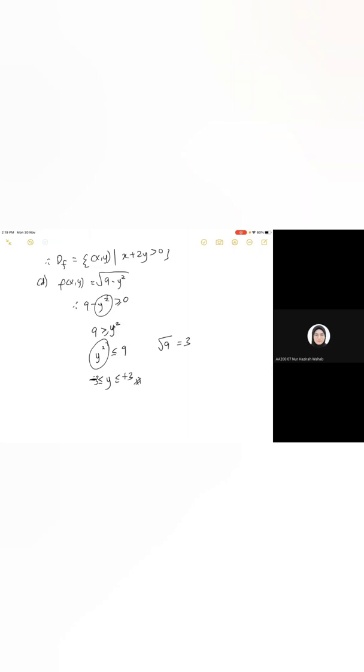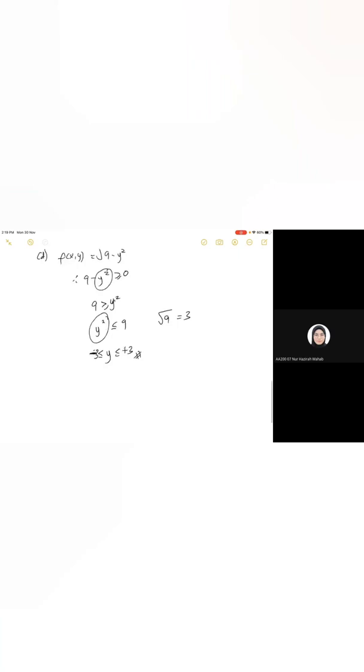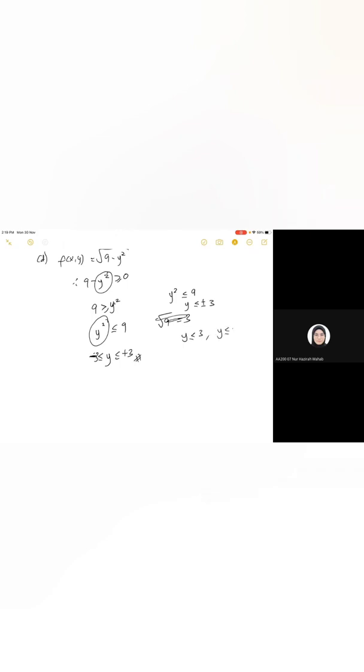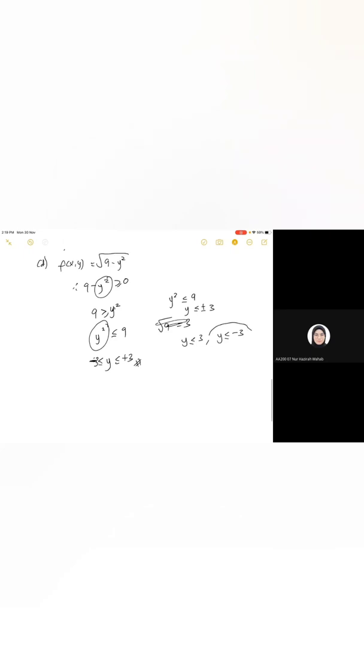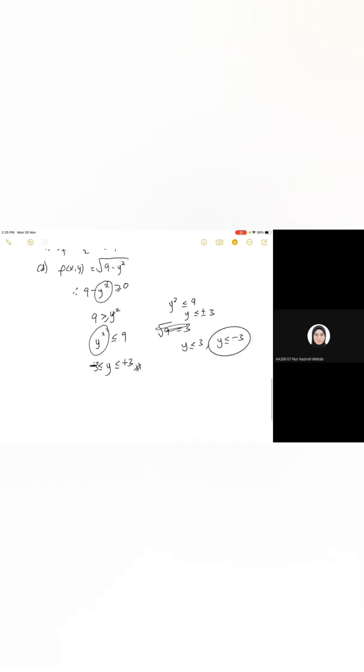Dia tak boleh buka y kuasa 2. Y kuasa 2 lebih kecil 9 and then you buka y lebih kecil sama tambah tolak 3. Katalah you ambil satu tu y lebih kecil 3, satu tu y lebih kecil negatif 3. This one yang salahnya. Kenapa salah? Katalah saya ambil lebih kecil negatif 3 kan. Katalah saya ambil y sama negatif 4.